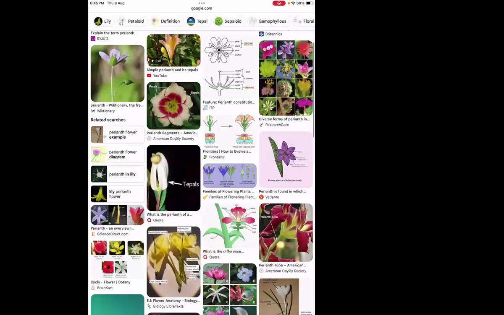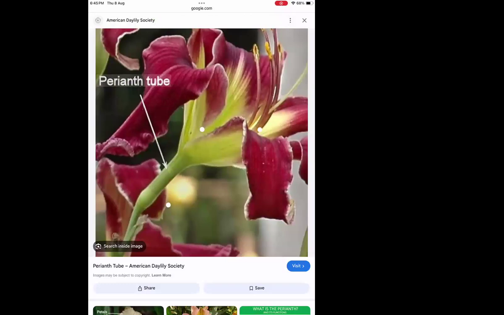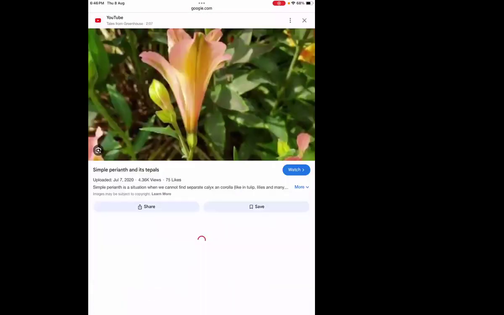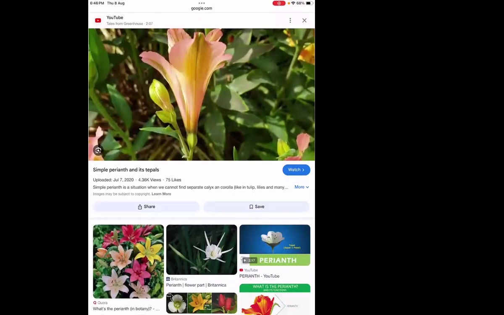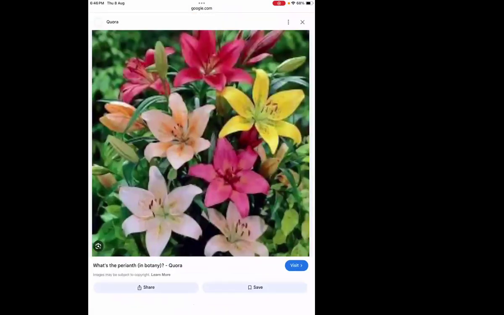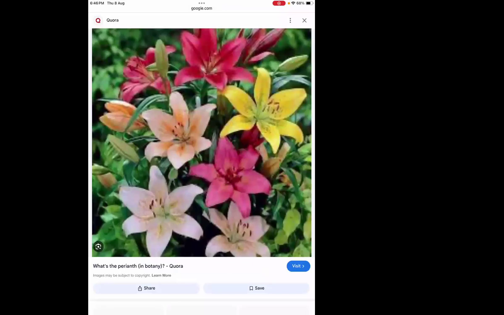See here, it looks very light yellowish in color, so you cannot identify which is a sepal and which is a petal. Lilies and tulips also have it. You cannot identify which are the sepals and which are the petals because they look similar.